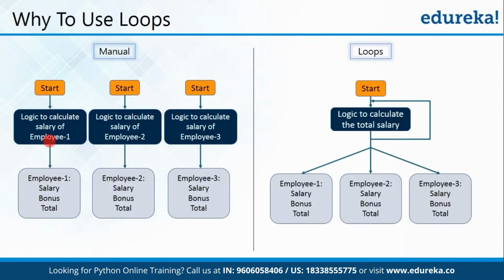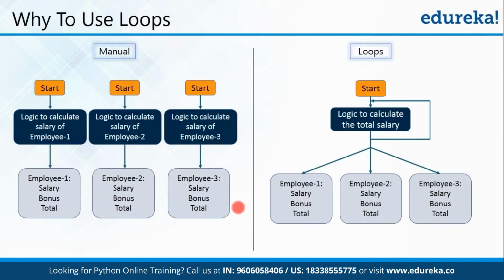This process is pretty hectic. You need to repeat the same logic for every employee. I'm just giving you an example of 3 employees, but what if you have hundreds? At that time, this process will not work. This will not only increase the size of the code, it'll make it more complex and less efficient.